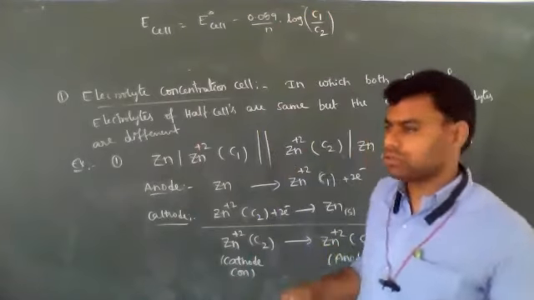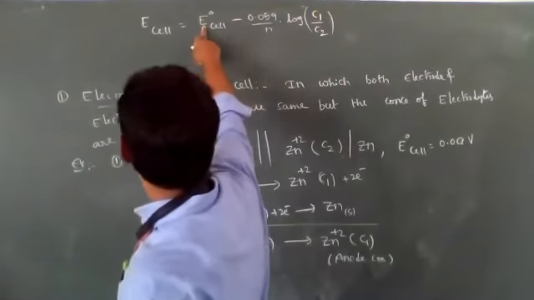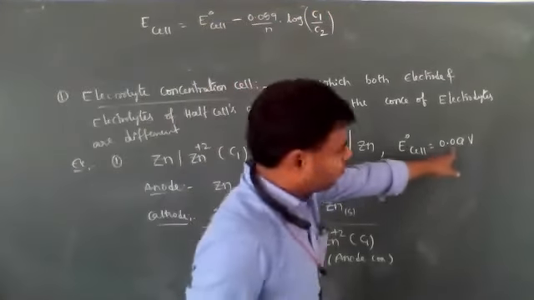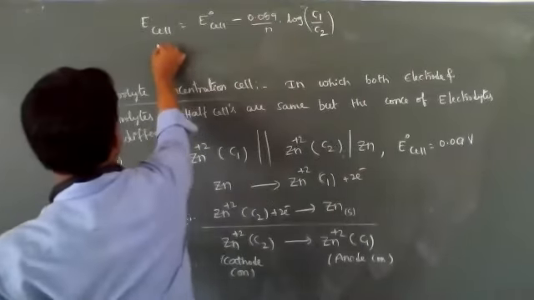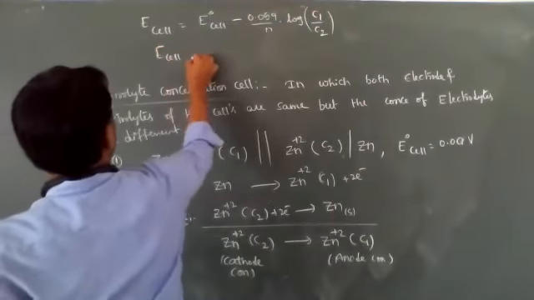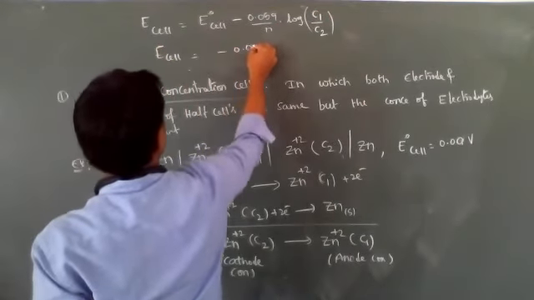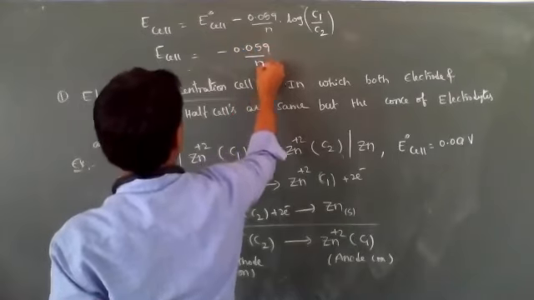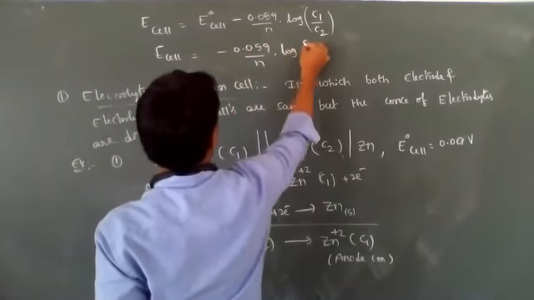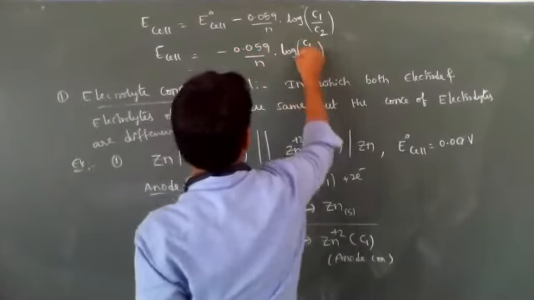E0 is 0.00 volts, so E cell is equal to minus 0.059 by n into log C1 by C2.